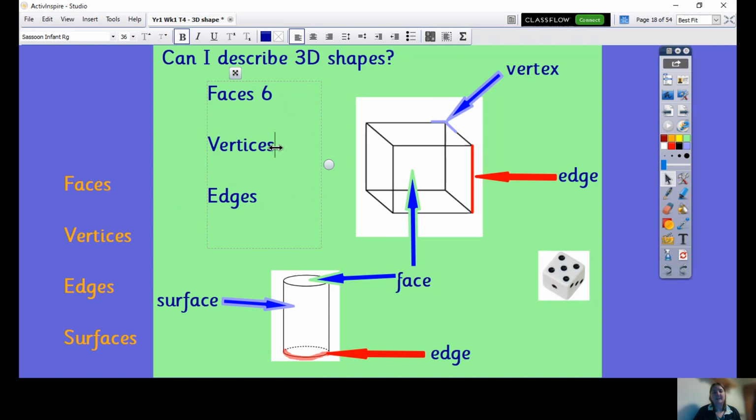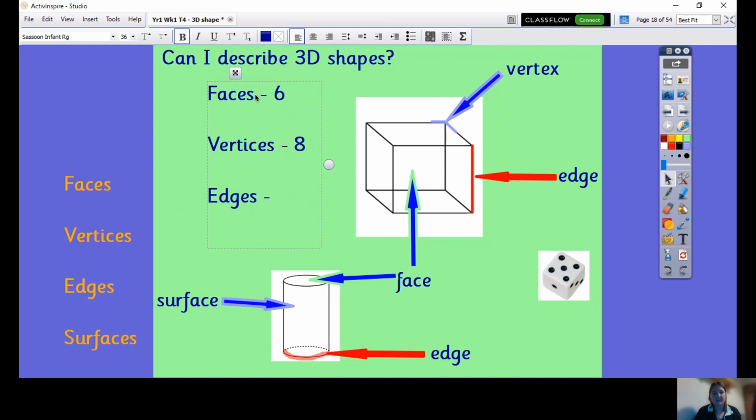How many vertices does it have? Counting here, 1, 2, 3, 4 at the top, and then at the bottom, 4, 5, 6, 7, 8.